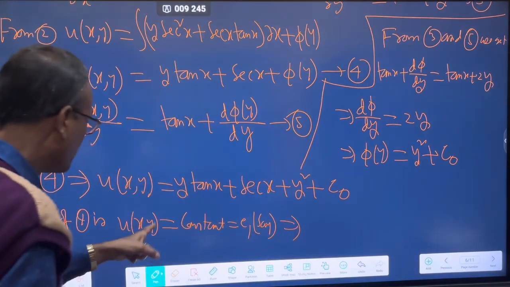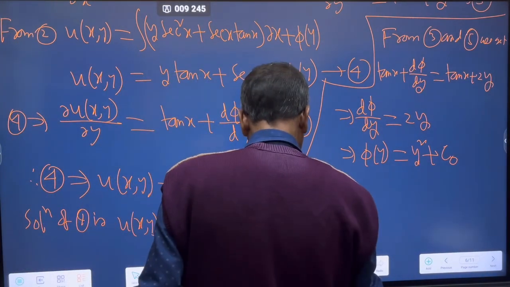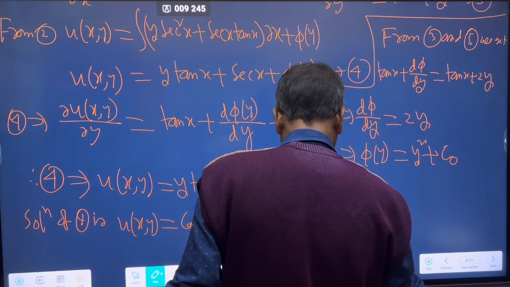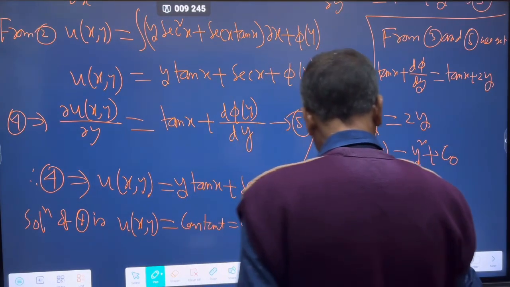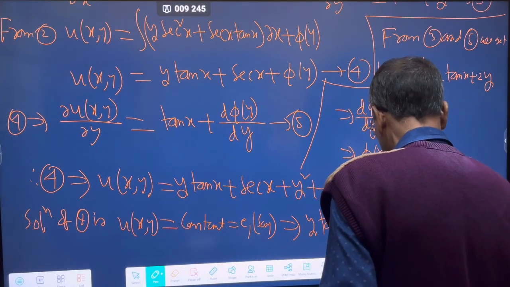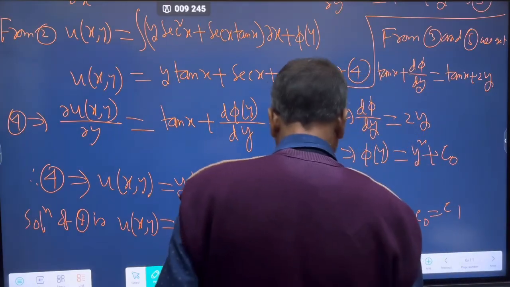This means y tan x plus sec x plus y square plus c naught equal to c1.